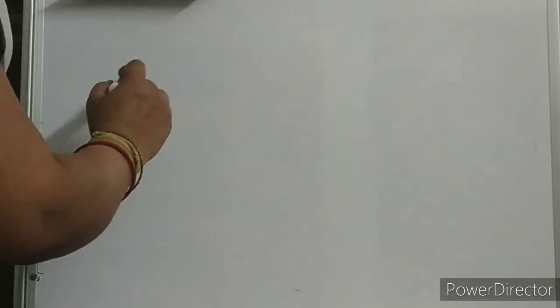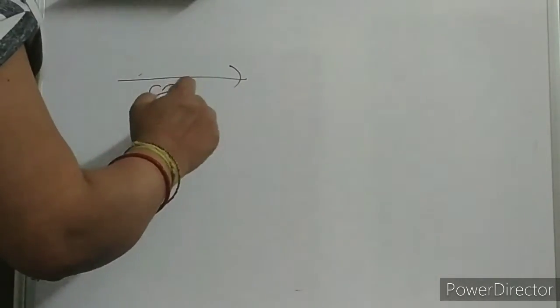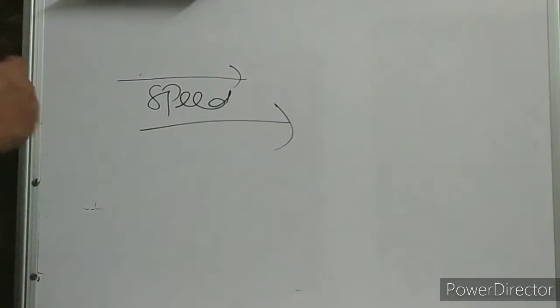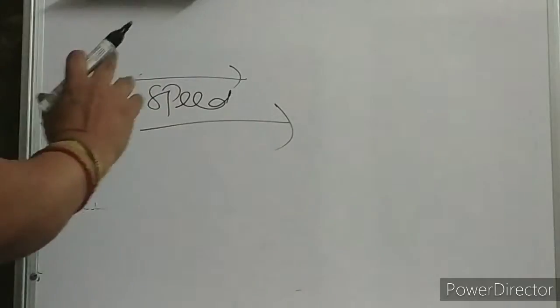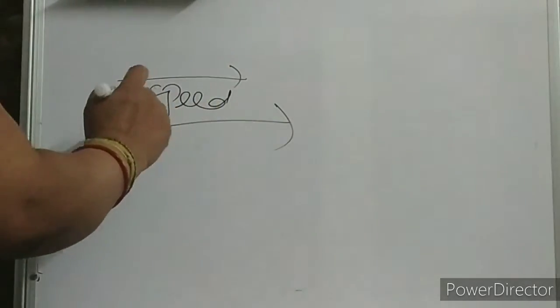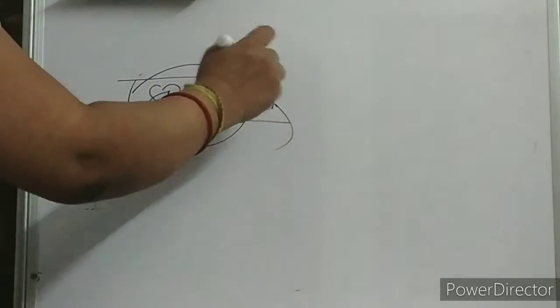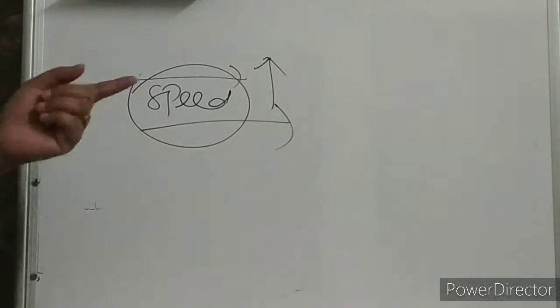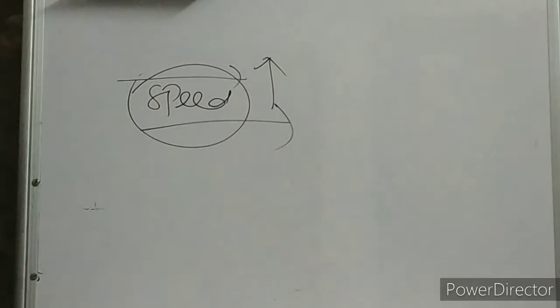Last lecture I already told, if speed is more, how rapidly you are moving your magnet or coil, that relative motion between the two, then your induced current is more. So that is the rate, how rapidly you are changing the magnetic flux. Clear, children?